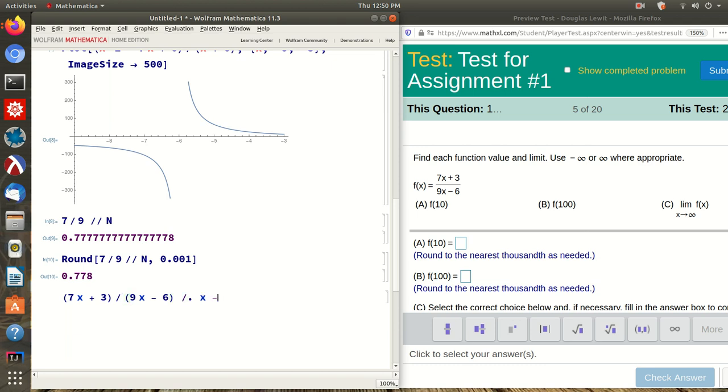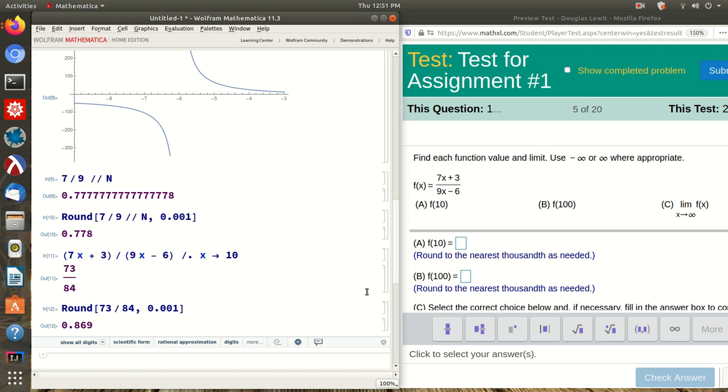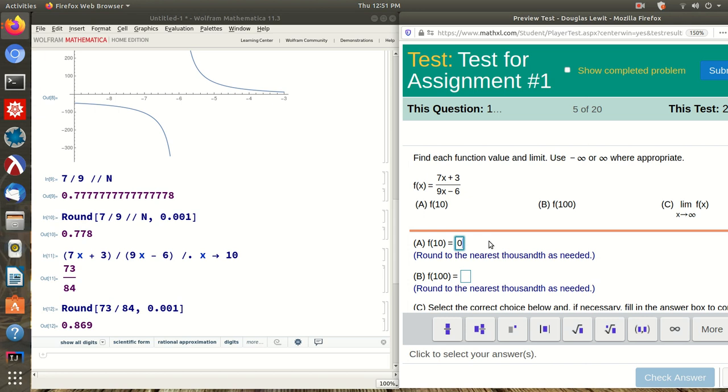What happens when x is equal to 10? That's 73 over 84, rounded to the nearest thousandth, is 0.869.